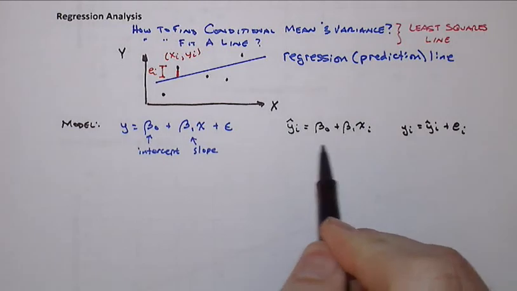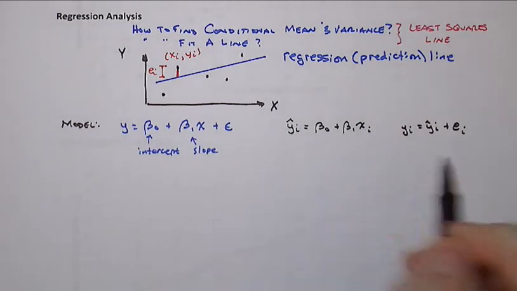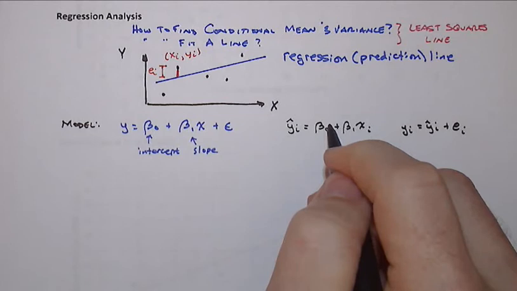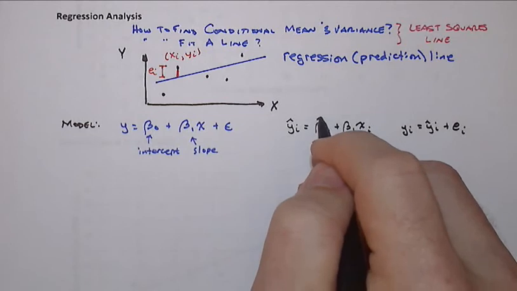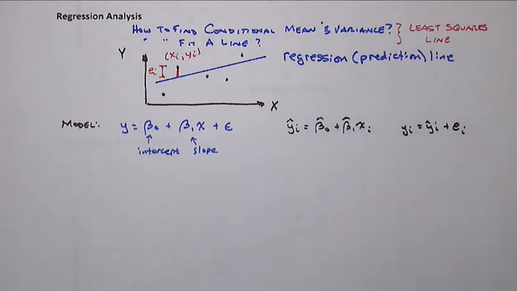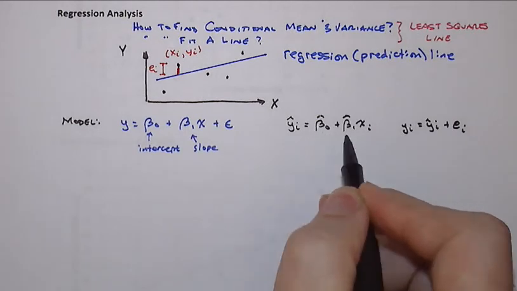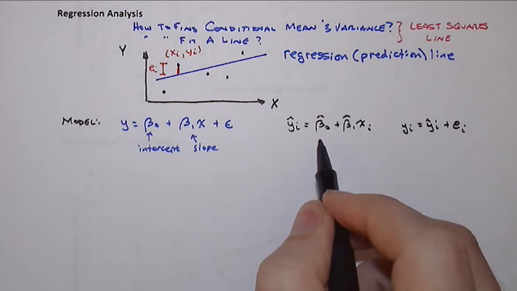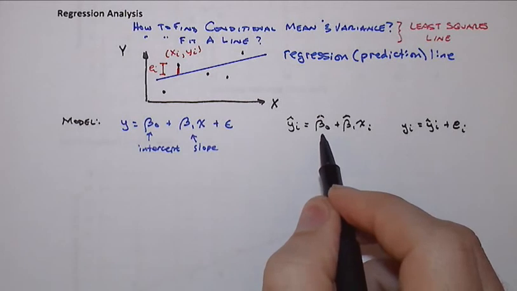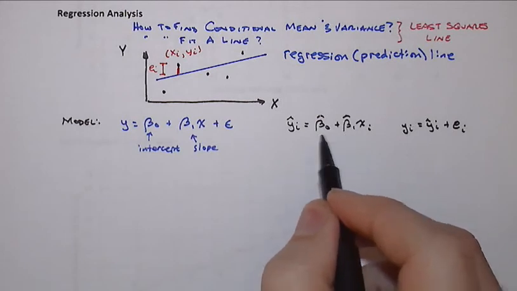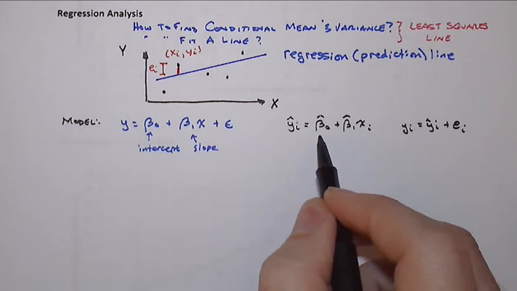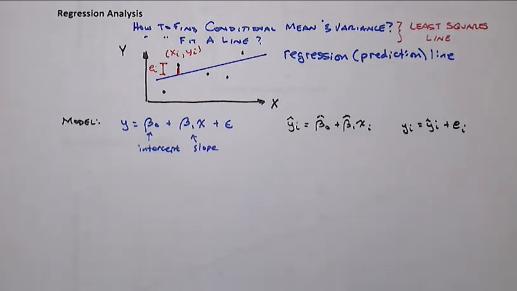Here's the implementation that we end up with, and because these are going to come from the sample data, these are also going to be estimates of what the true beta naught and beta 1 values ought to be. Other textbooks and authors are going to use A and B, or M for the slope and B for the intercept. There's a lot of variation out there.